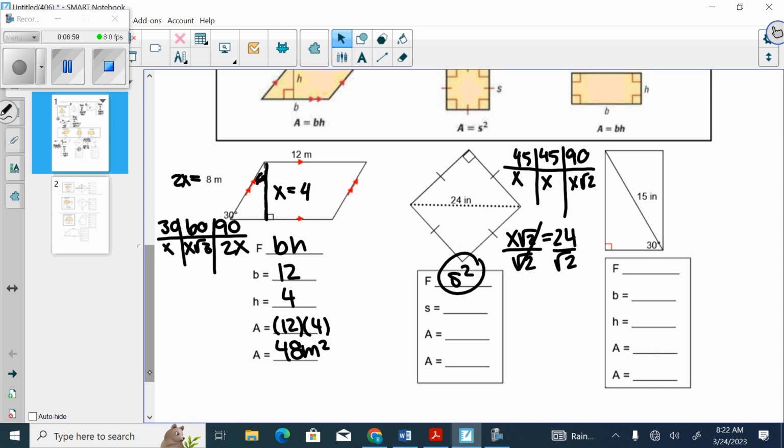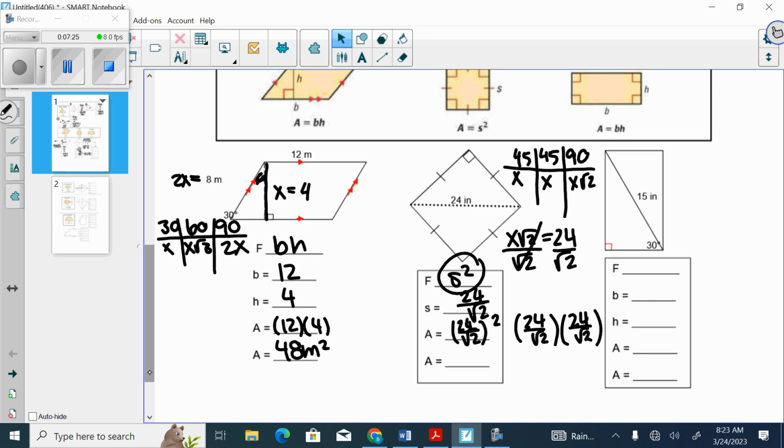So one of our sides has a length of 24 over square root of 2. So area can be found by squaring 24 over square root of 2. Remember, squaring something literally means multiplying it times itself. So I would multiply the 24s in the numerator and the square root of 2's in the denominator.